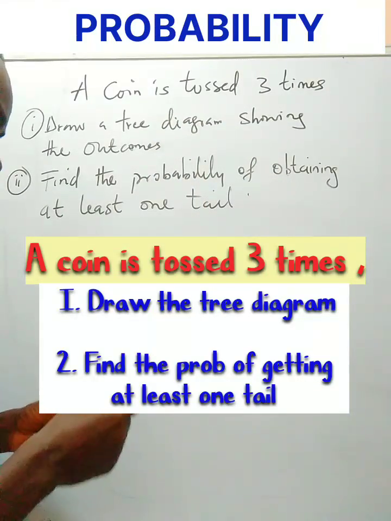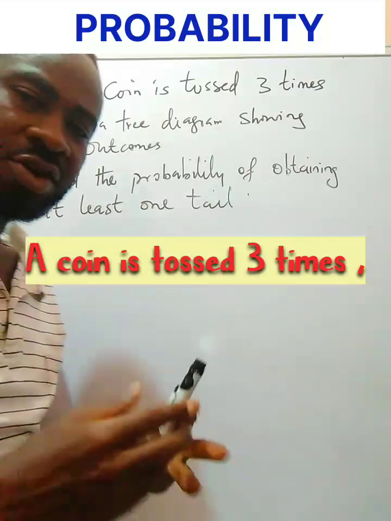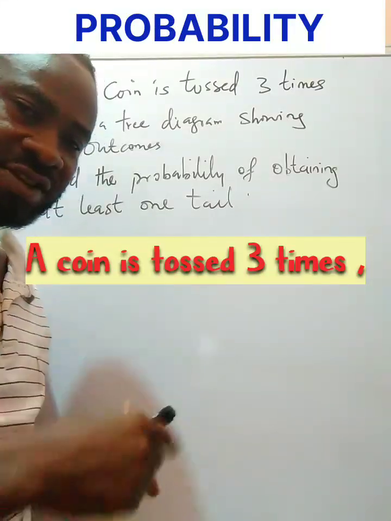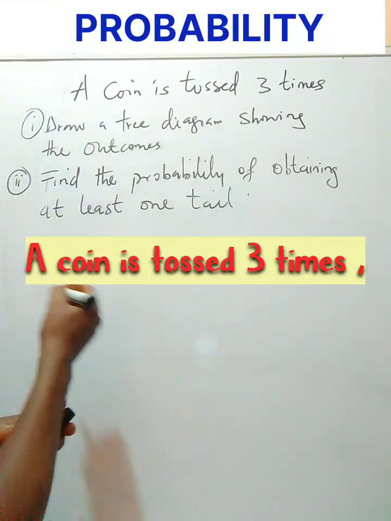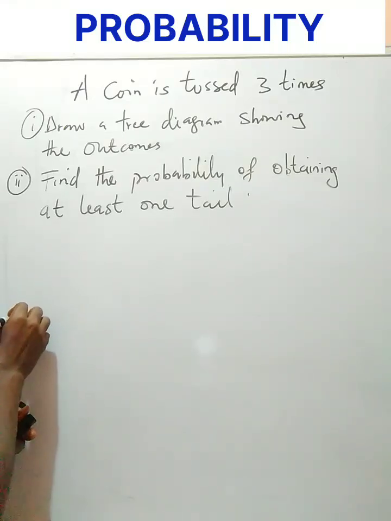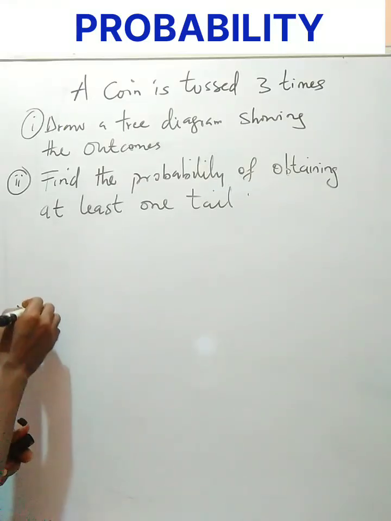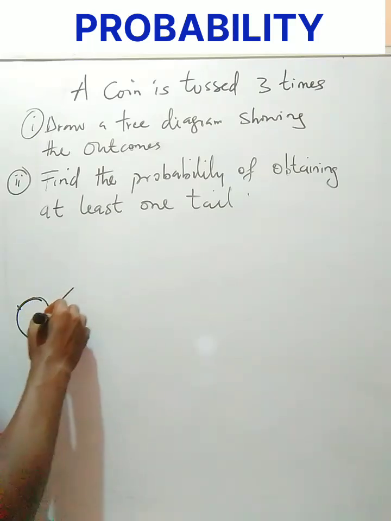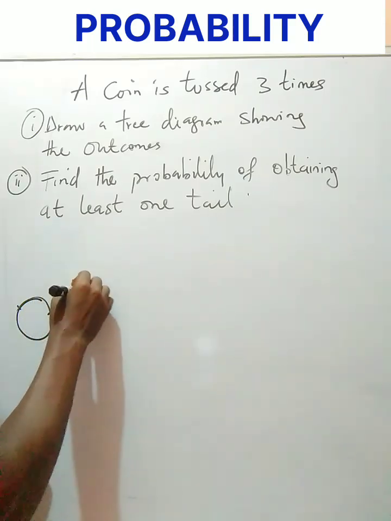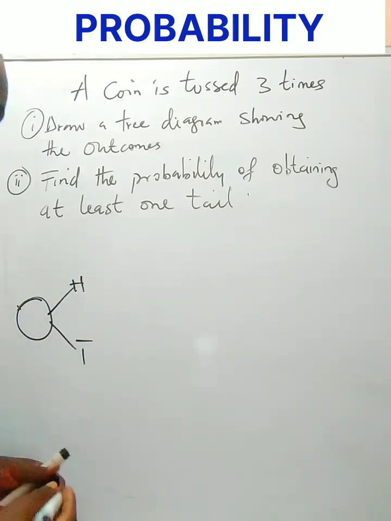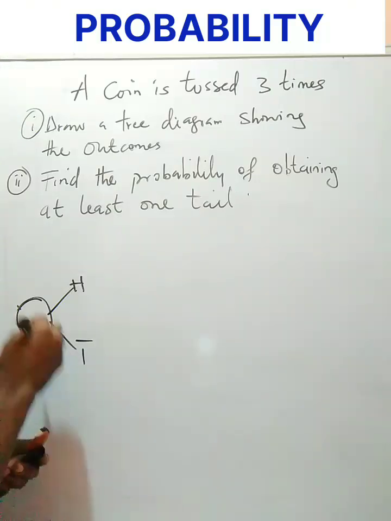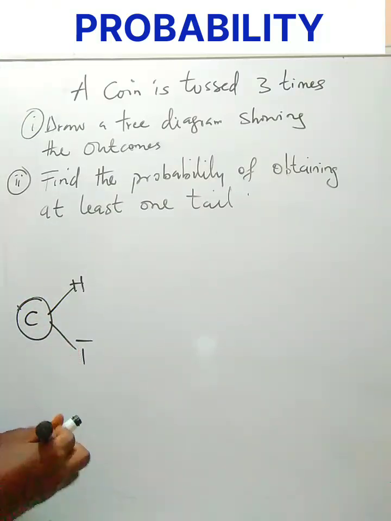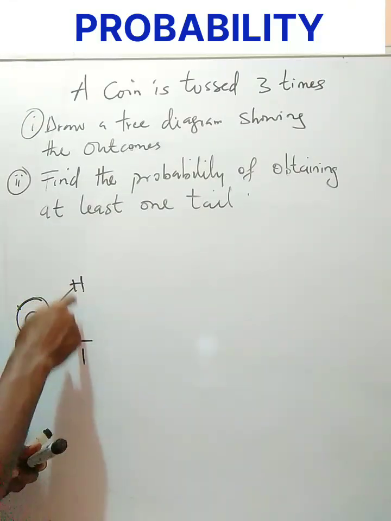Now, a coin has 2 faces, the head and the tail. So for the first toss, you will have either a head or a tail.